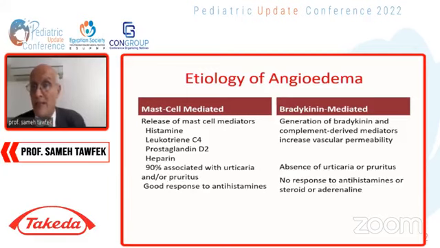In the bradykinin type of angioedema, there is a generation of bradykinin and complement-derived mediators that increase vascular permeability, but there is no urticaria or pruritus, and no response to antihistamine, steroids, or adrenaline, which all of us use to treat edema, allergic reactions, or urticaria.